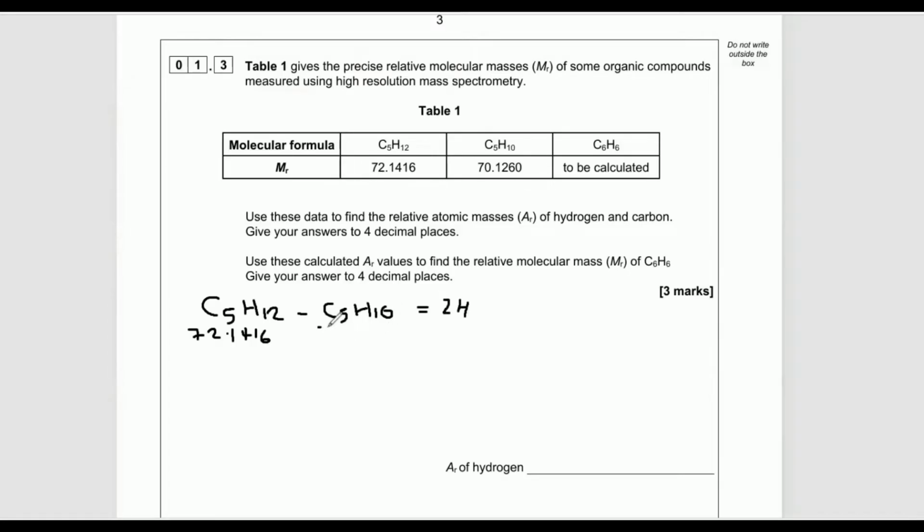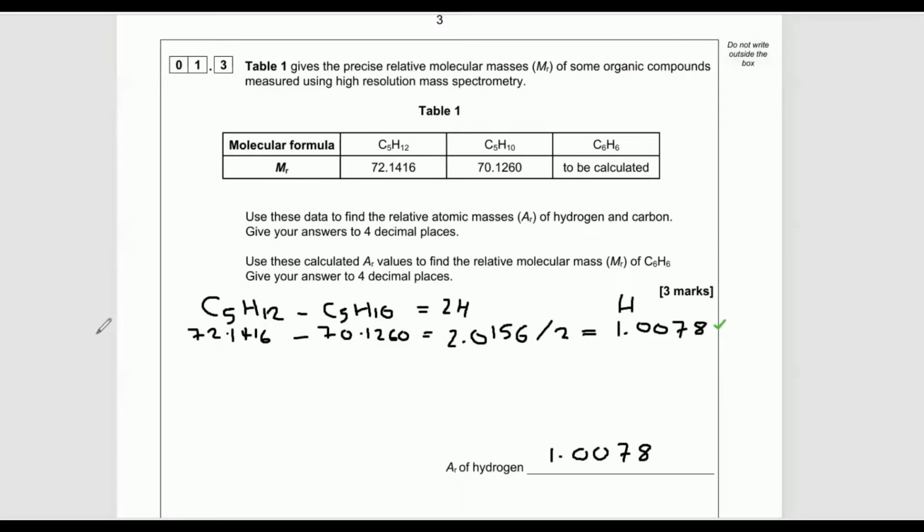So we'll know that 72.1416 minus 70.1260 is equal to the mass of 2 hydrogens, and that is 2.0156. Now, if we want to find the mass of 1 hydrogen, we divide it by 2. We'll find that our first mark, the relative atomic mass of hydrogen, is 1.0078 using this data.